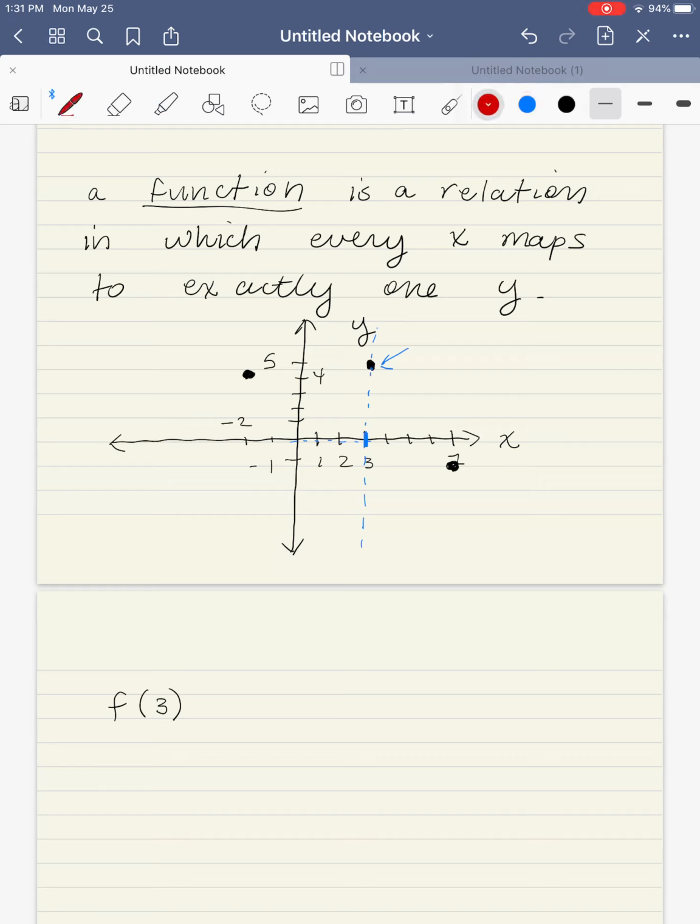And I have this point right here on my function. So if I'm starting with x equals 3, my point is here, I come across, and what is the y that goes with that? In this case, it's 5. So then I would know that f of 3 equals 5.